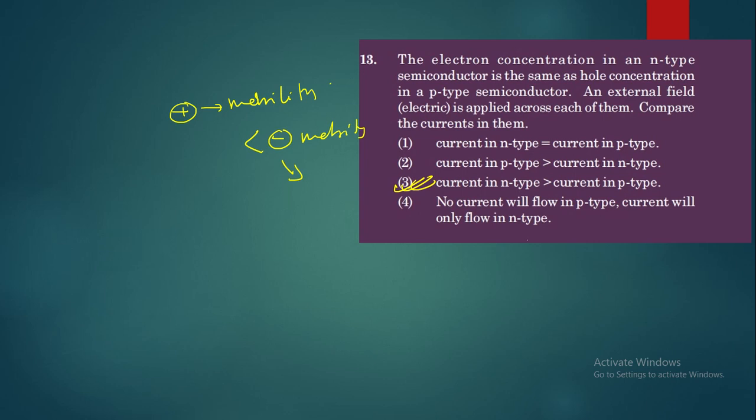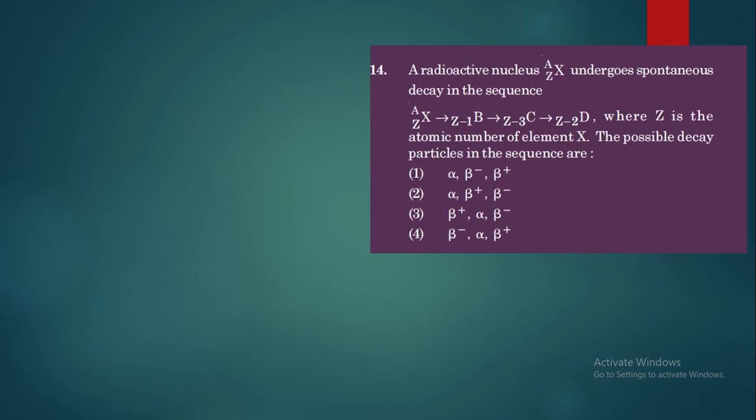Next, let's move on. Okay, so this again belongs to the nuclear physics balancing reaction, completely inspired from the previous year question. So the chain of reaction is given: X to B, B to C, C to D. Let's consider one at a time.